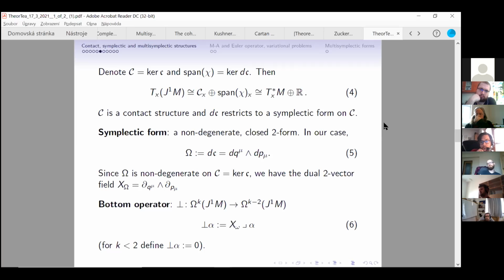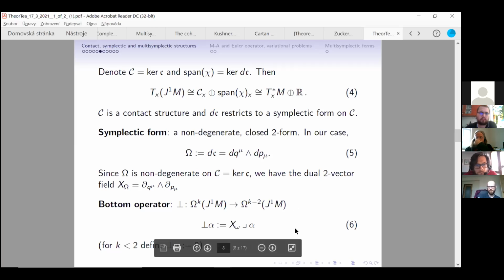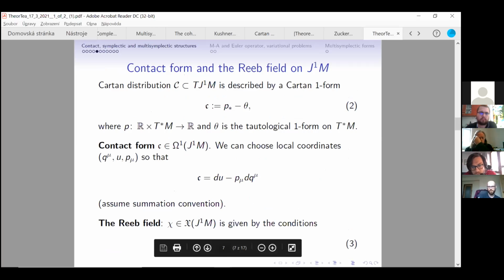Yes, it's definitely something a bit different, and it's hard to compare which is better or worse. In this one, you see that this omega is, in a sense, canonically living on the space you are dealing with.